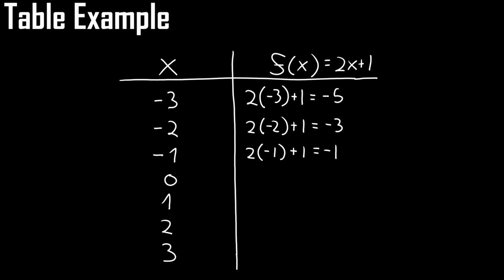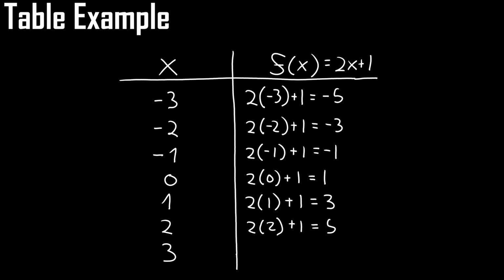Now when we plug in 0, we'll get 2 times 0 plus 1 equals 1. Then if we plug in 1, we'll get 2 times 1 plus 1 equals 3. Then if we plug in 2, we'll get 2 times 2 plus 1 equals 5. And then finally, if our input is 3, we'll get 2 times 3 plus 1 equals 7.